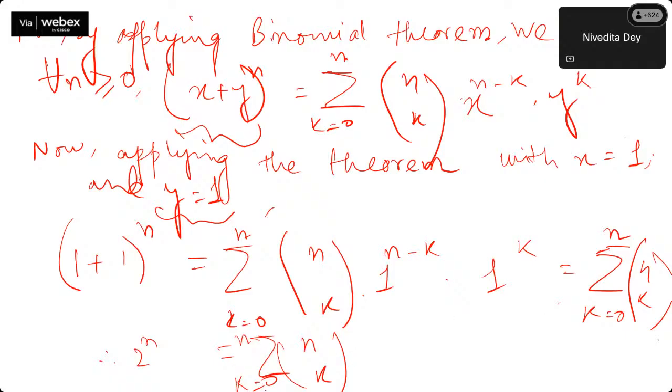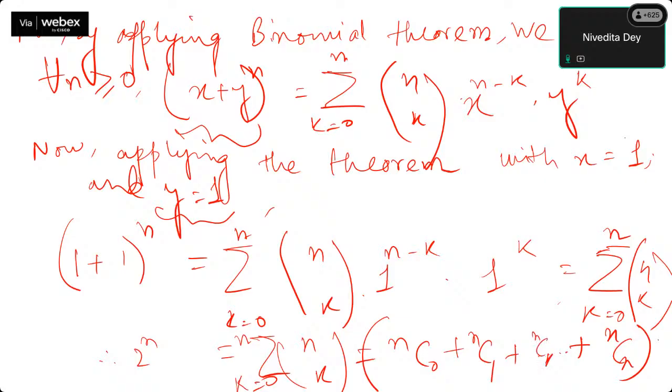So this also equates nC0 plus nC1 plus up to nCn. Meanwhile, it's nCk as well.